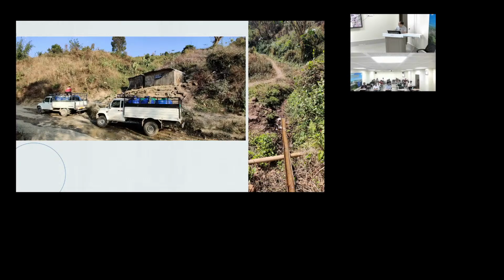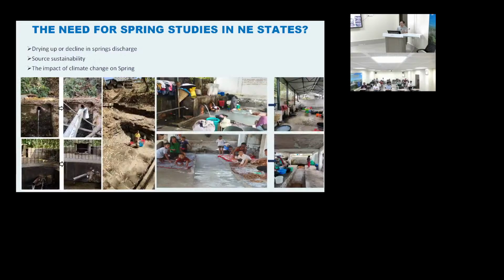People also construct storage chambers, and water tankers come to fetch water and sell it to people, especially during the lean season. In some parts, people also use springs as a source of irrigation.